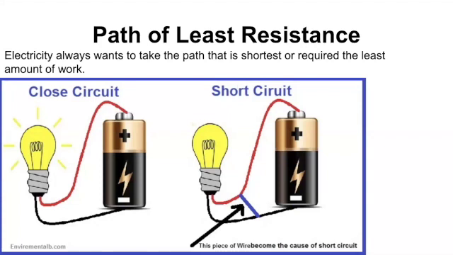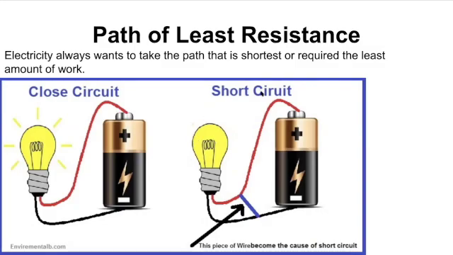This is called the path of least resistance. So, here's an example of two circuits. The circuit on the left, we have the positive side giving electrons. Then it goes through our light bulb and then it goes to the negative side. And then we have a lit light bulb.